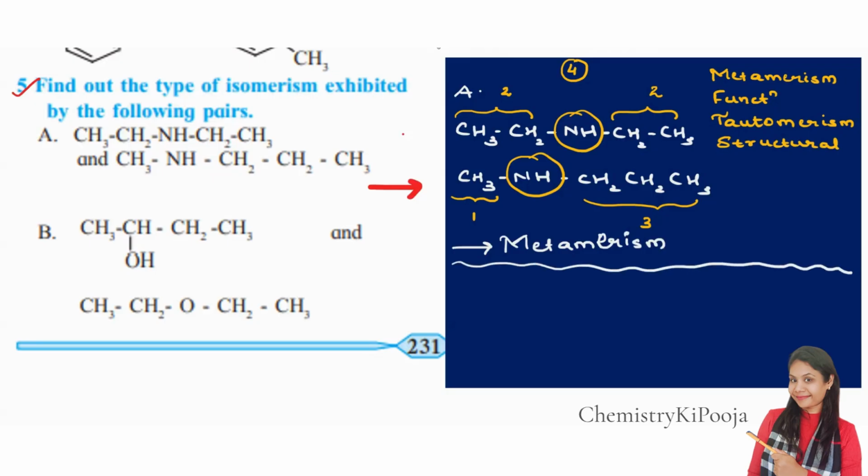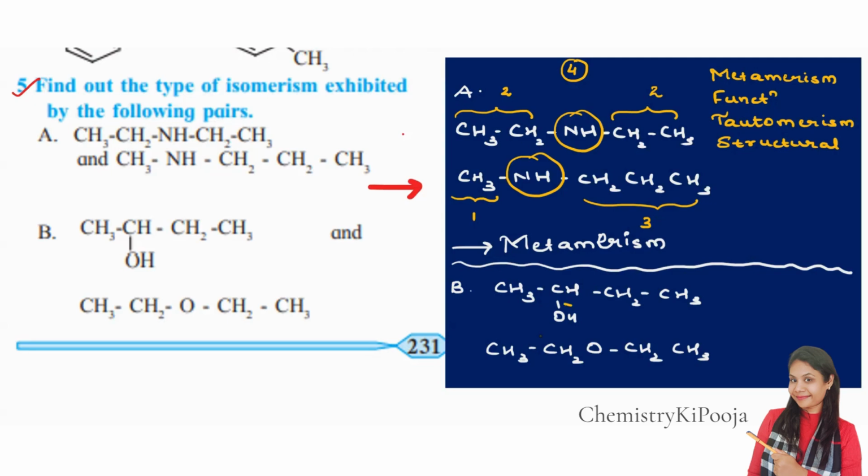Now let us have a look at B. Now B here is CH3, CH, then CH2, CH3, and we have CH3, CH2, O, CH2, CH3. Now again it is very clear from the structure itself that we have two functional groups, right?